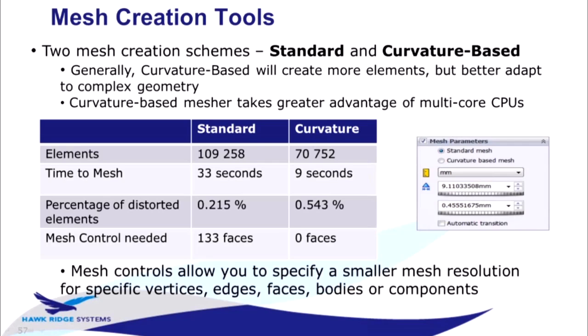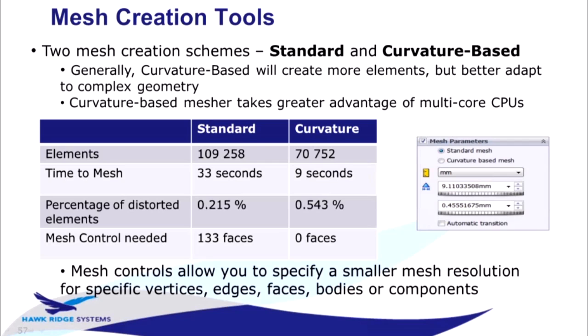I'd certainly recommend using a tool called Mesh Control to refine areas of the model that are of particular interest. We're going to talk about this in excruciating detail next time up as we talk about mesh convergence, one of the key things.